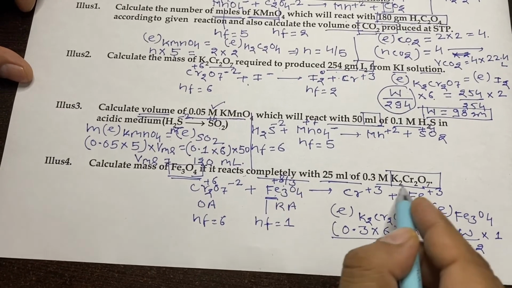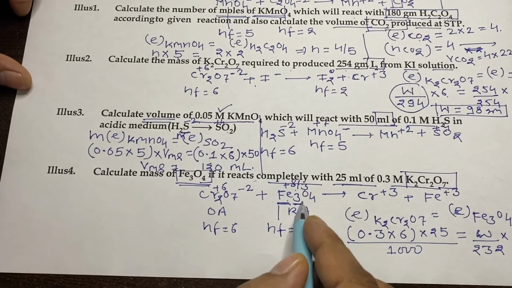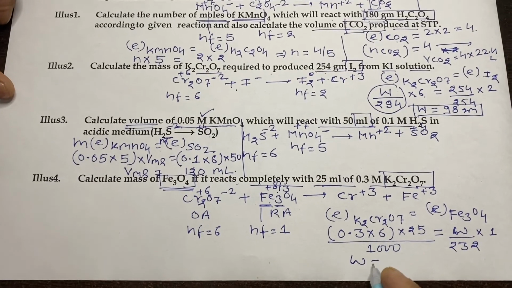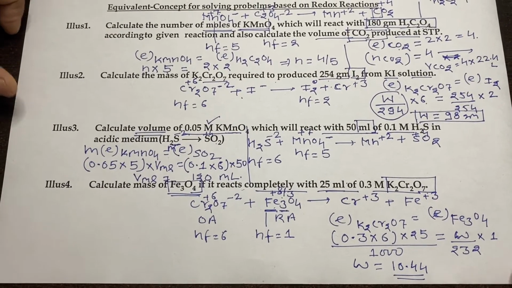Because the change in oxidation number we can find, and we can multiply this by 3, which is the number of atoms undergoing changes. So W we can calculate, this will be 10.44.